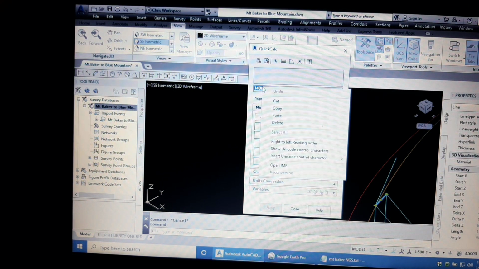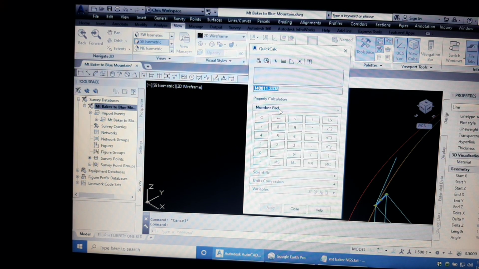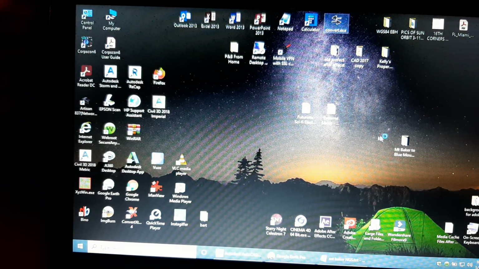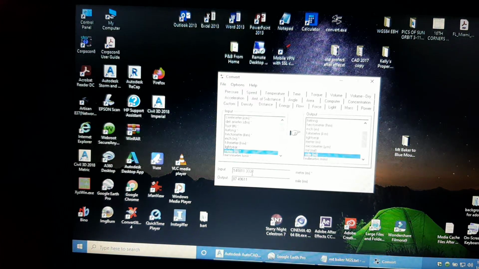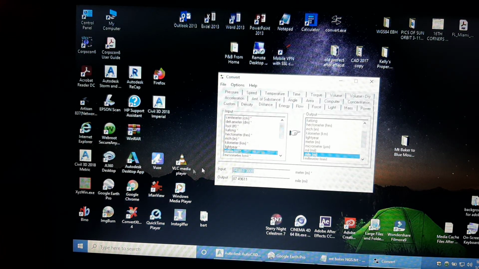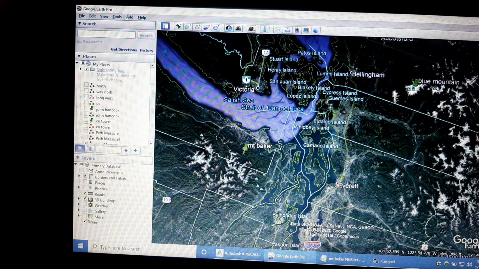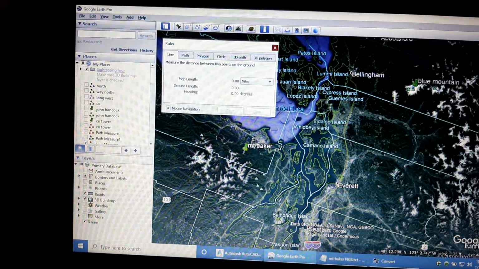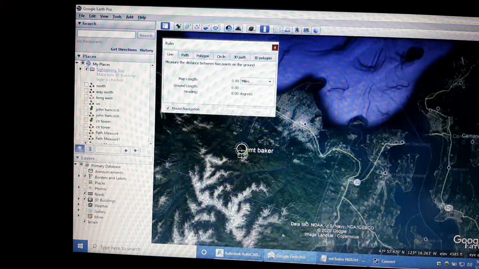So let's transfer this number to miles. So meters to miles. So I got 87.49, right? Back to Google Earth, measure miles. Zoom in here.